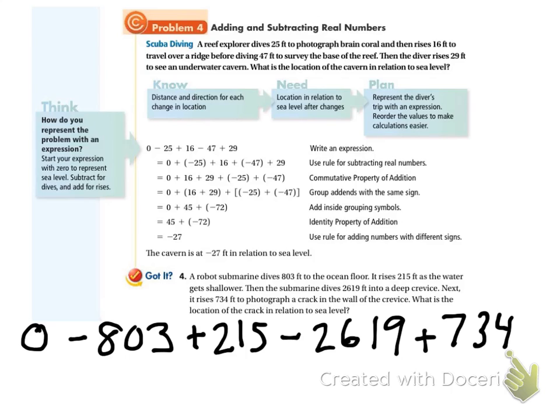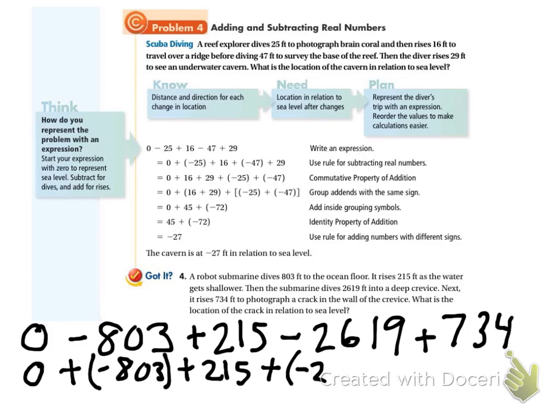So I'm going to change my subtraction to addition. So this is going to be 0 plus negative 803 plus 215 plus negative 2,619 plus 734.